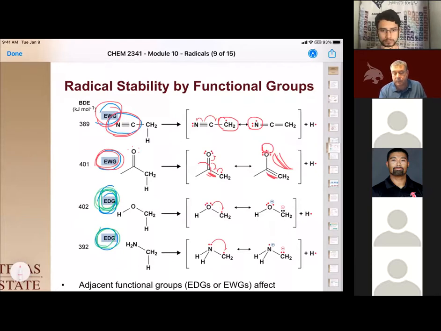Notice in these, whenever we have a double bond, it's going to be the 1 and 3 positions that are going to hold those radicals. When we have lone pairs adjacent to our radical created, we're going to use the electrons from that lone pair. So think about electron donating groups being adjacent and giving us structures like this. 1 electron from the oxygen lone pair goes to the radical to give us a doubly charged species.